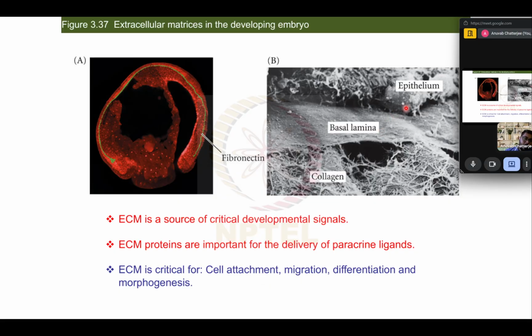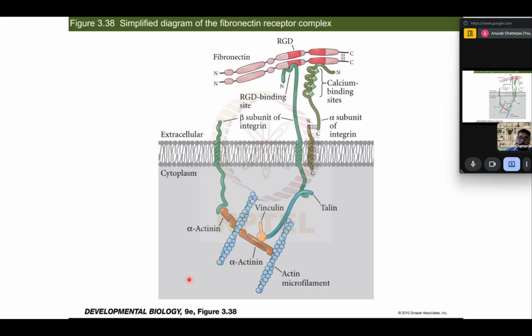So they attach to the floor or ECM. Migration, they migrate on the ECM. Differentiation, so depending on what kind of ECM they face, cells may change their fate or cause particular differentiations to occur. And finally, morphogenesis is also helped along by the ECM.